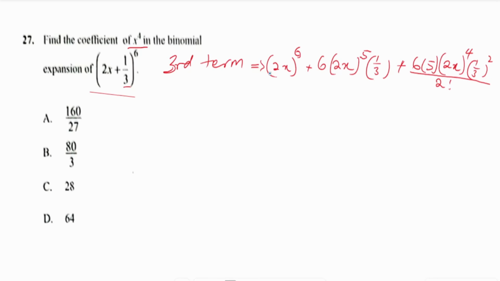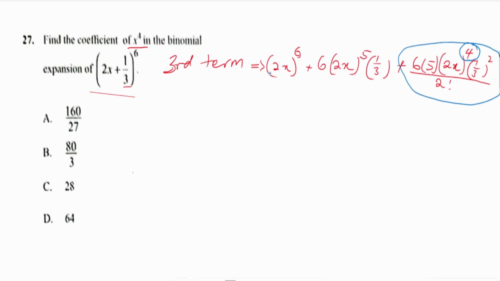So fortunately, we have our x exponent 4 here already. That is how I know it's the third term, because this is the first term, second term, third term. Already, if you solve this using your calculator, you should get what we are looking for.